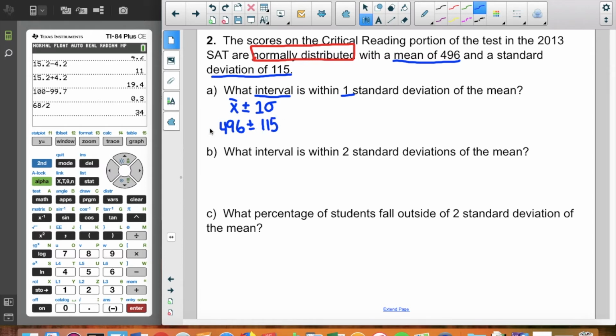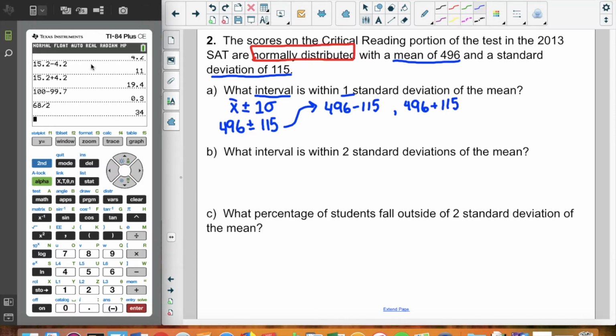Now this is an interval, but I do want to write it out. To get our interval, we do 496 minus the 115, and then we do 496 plus 115.